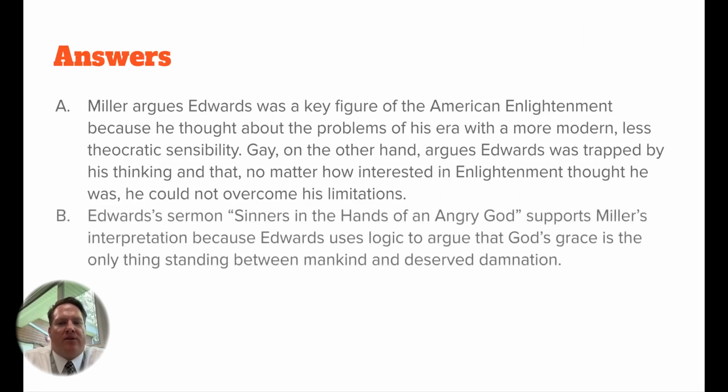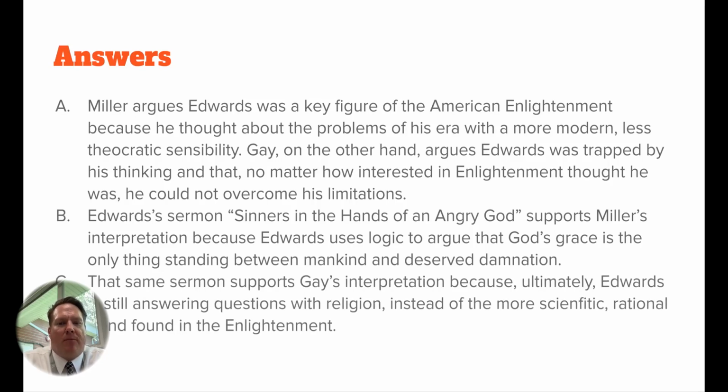Edwards' sermon, Sinners in the Hands of an Angry God, supports Miller's interpretation because Edwards uses logic to argue that God's grace is the only thing standing between mankind and deserved damnation. And then C, the same sermon supports Gay's interpretation because ultimately Edwards is still answering questions with religion instead of more scientific, rational trends found in the Enlightenment.